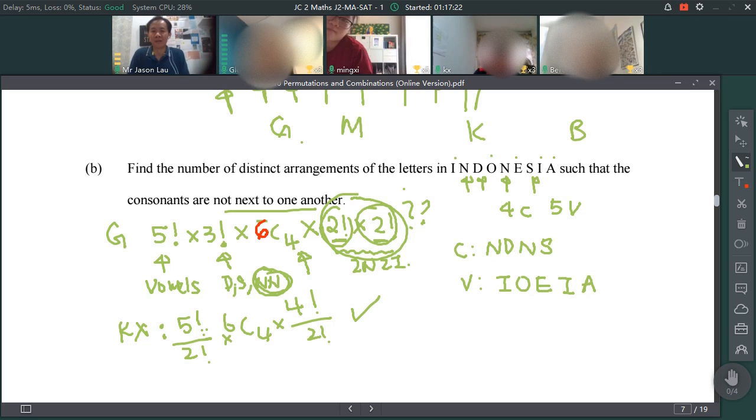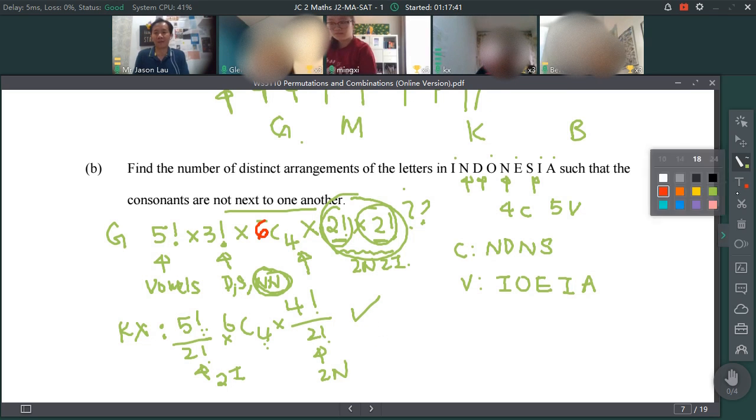It'll be very risky. Okay. So this one, you understand the working, Brenda? Wait, how come it's 5 factorial over 2 factorial? Because there's 2 I, is it? Yeah. Oh, okay. Then this one you understand. Then the 2 N. Yeah, correct. Okay, thank you. Can.